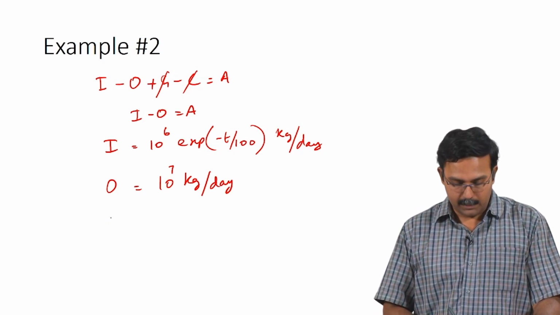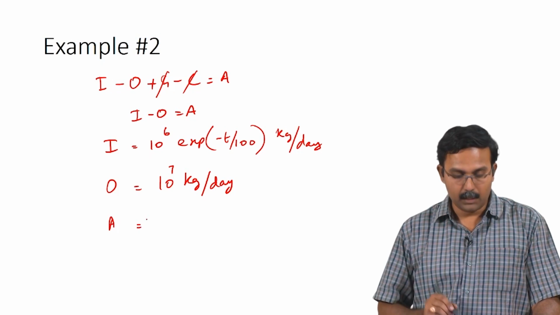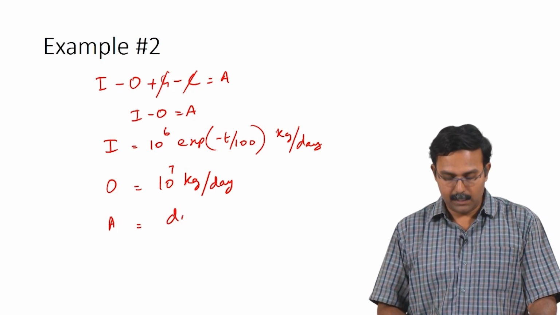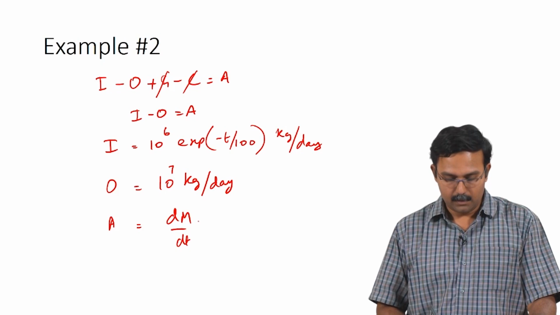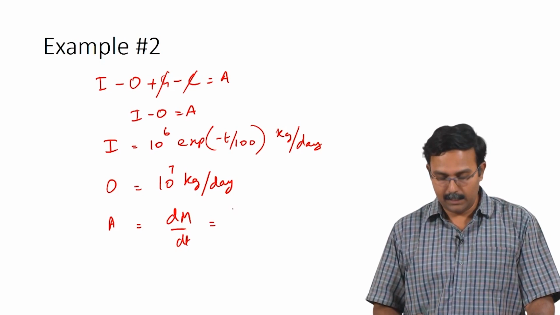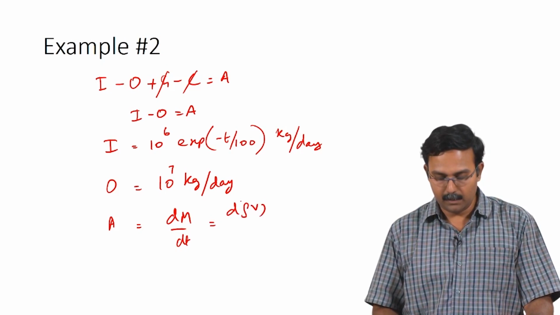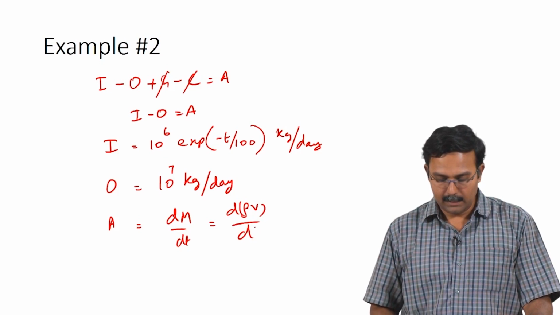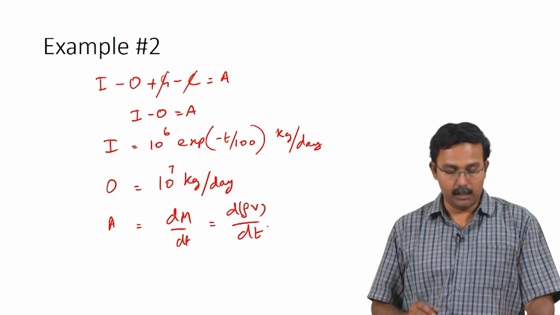So, the accumulation term has to be accounted for. The accumulation term is dm/dt. This dm/dt can be written as d(rho V)/dt, where rho is the density and V is the volume.